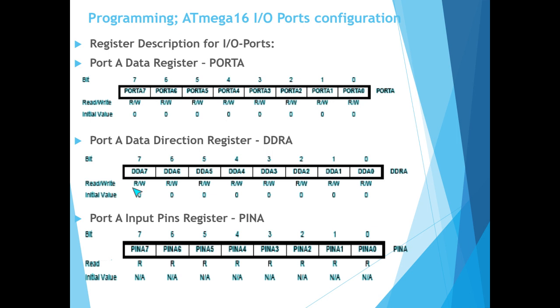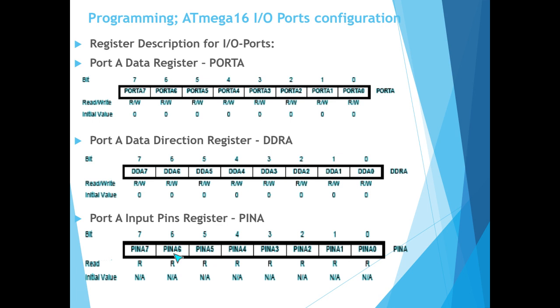And the other register related to each of the ports, for example, port A, is called the input pins register, and it is coded as PIN A. As you see, this is the PIN A register. It includes 8 bits, and the name of each bit is, for example, PIN A0, PIN A1, and the index of all of them starts from 0.